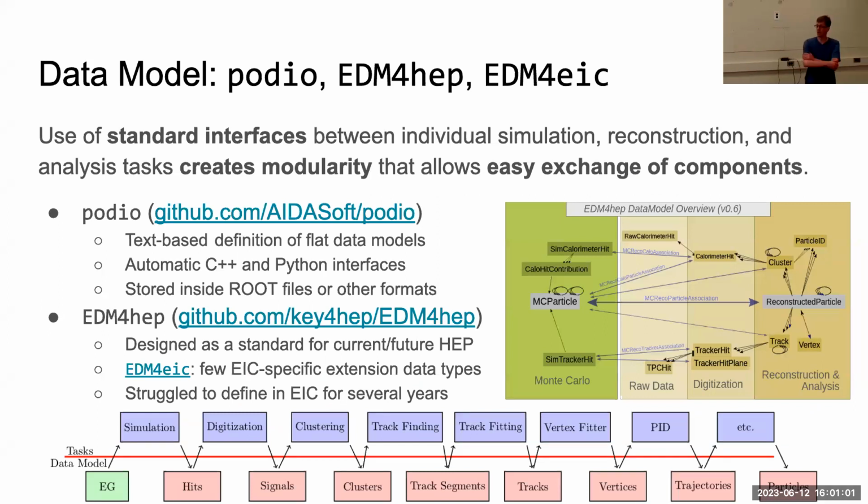Similar with this event data model. If I go back to the very first slides I was showing, in 2016, we tried to come up with a data model that defines what a cluster, what a hit, what a track looks like, and we failed. We failed multiple times because everyone in the EIC community is like, no, we need this part in a track as well, or a cluster also needs to have that particular value.